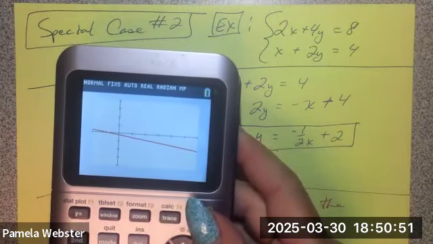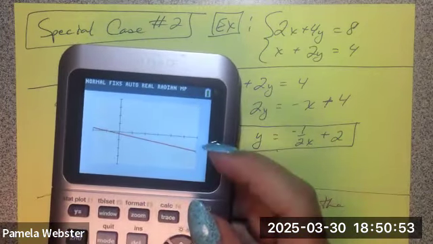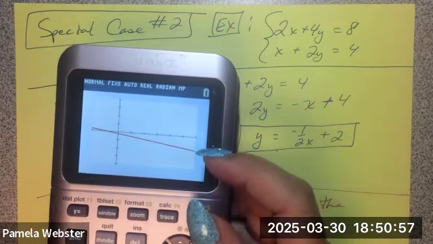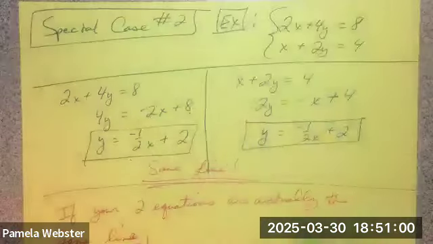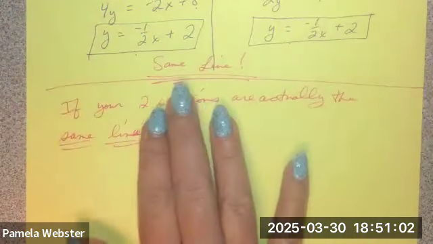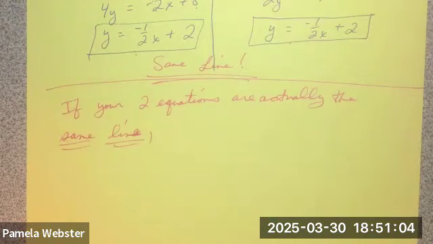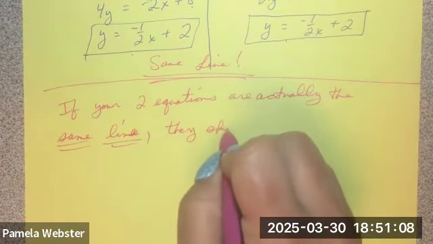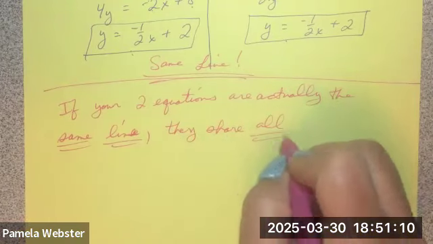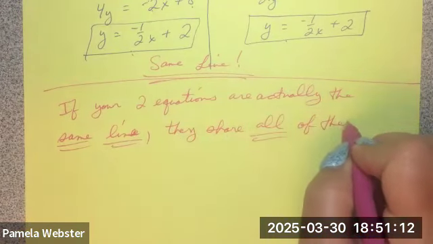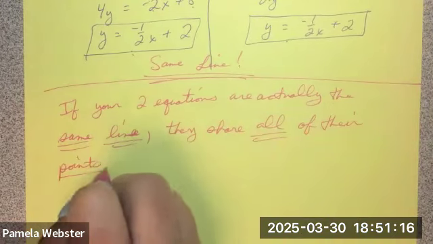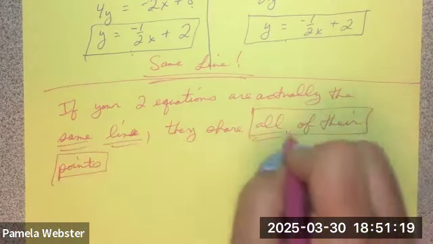They graphed right on top of each other, and how many points do they have in common? All of them, right? So they are all the same. Okay. If the two equations are actually the same line, they share all their points.